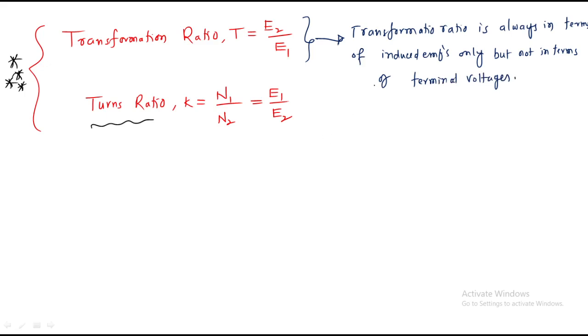What is the reason? For every machine we have nameplate details. In that nameplate, the EMFs given are in terms of induced EMF only, not in terms of terminal voltages.